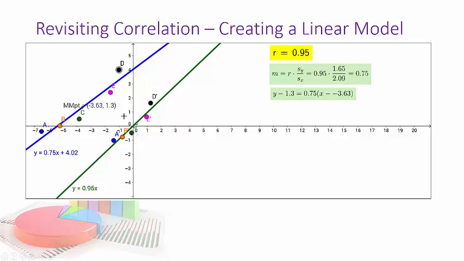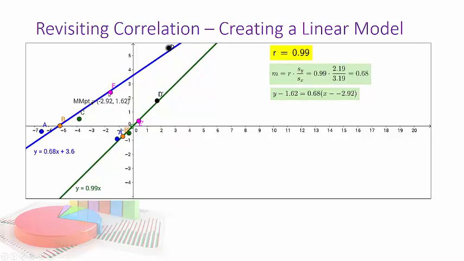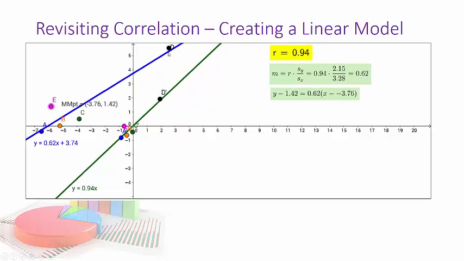So for point E, like I said, it's 1 standard deviation above the average. So I would expect the y value to be 0.95 standard deviations above the average. All right, let me go ahead and move a point so I can get it further out here. I'm going to lower it.